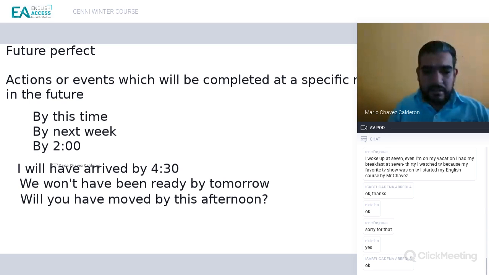Okay. So we use will, then the auxiliary have will be there, and the past participle of the verb. Okay. So will have and past participle of the verb. Will manages everything, not have, only will. The past participle, of course. Okay?